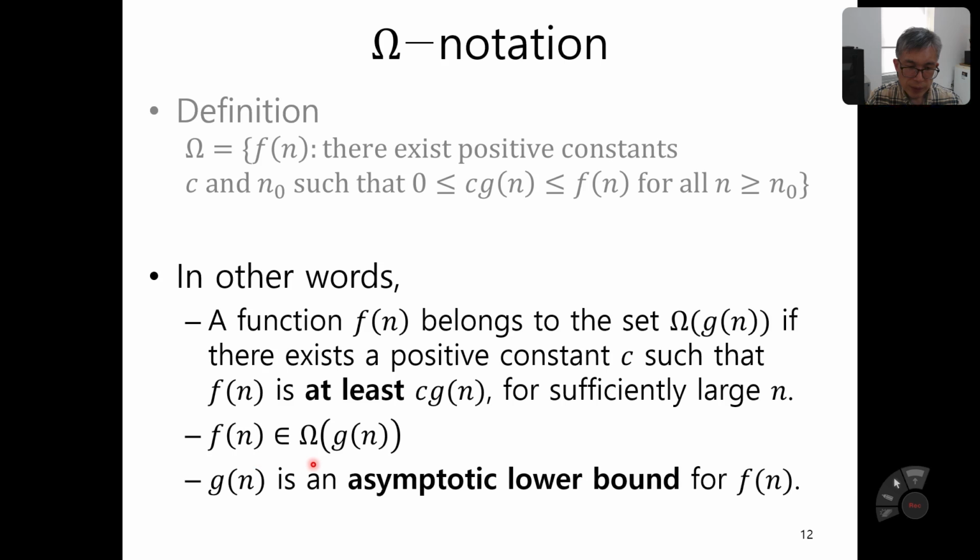Then g(n) is an asymptotic lower bound for f(n). So eventually, f(n)'s lower bound is g(n) for the big omega case.